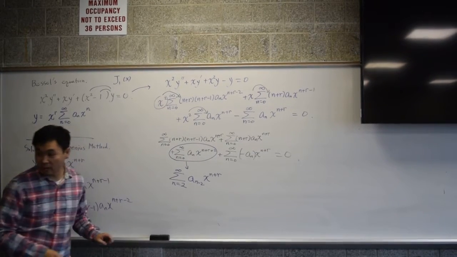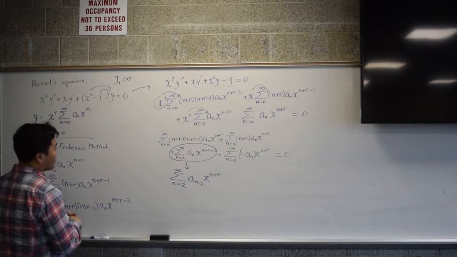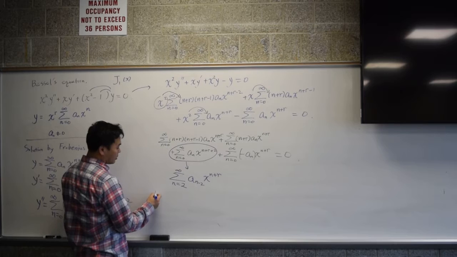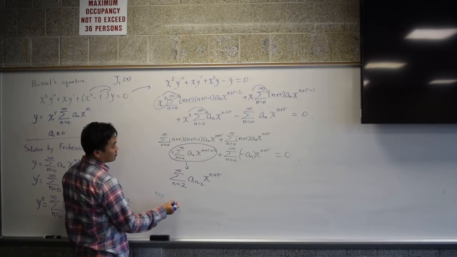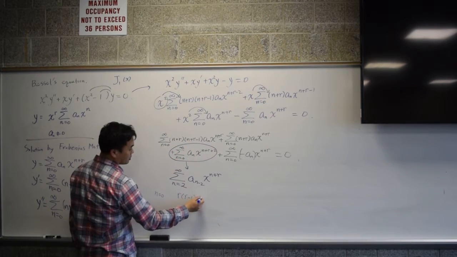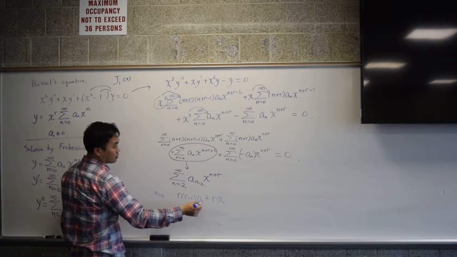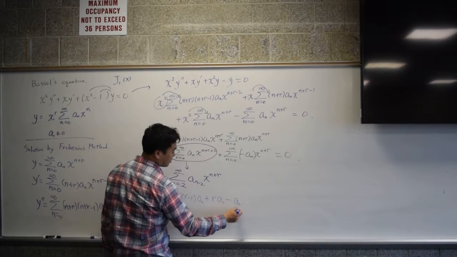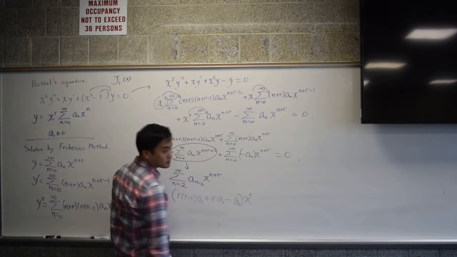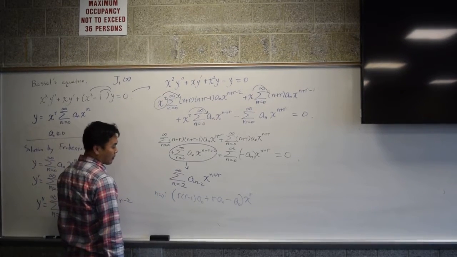Now you can write down what happens for each n, right? Okay, so n equals 0, what do we get? When n is equal to 0, we get r times r minus 1 a0, plus r a0, minus a0, times x to the r. That's what we get for n equals 0, right?